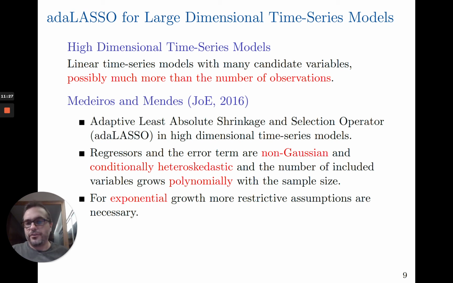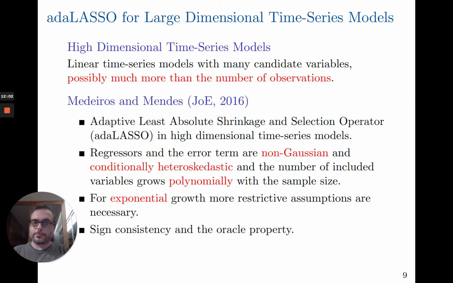Basically, to achieve exponential growth, we will need a sub-Gaussianity assumption. If you want to let the distribution of the variables and the error term go free, then you have to restrict the number of variables in your model. Still, you can have many more variables than observations, but they can only grow at a polynomial rate, not an exponential rate.